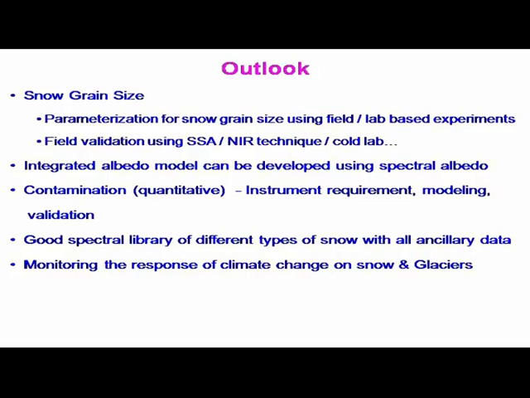Then a good spectral library of different types of snow with all ancillary data is required, and of course for monitoring the response of climate change on snow and glaciers, this is a very important aspect, where the changes in the glacier and snow characteristics with the passage of time or temperature have to be monitored. Thanks.